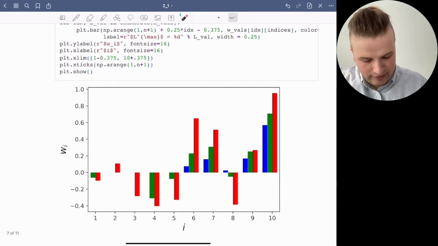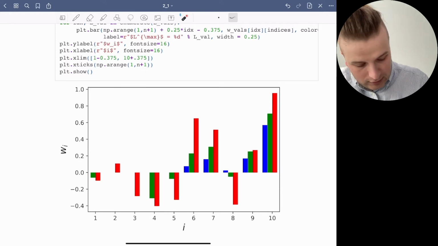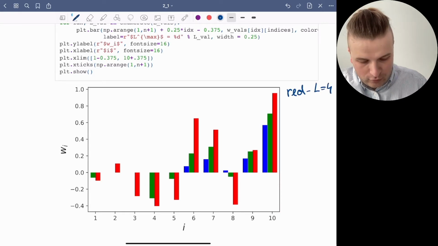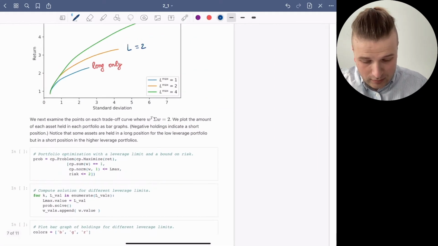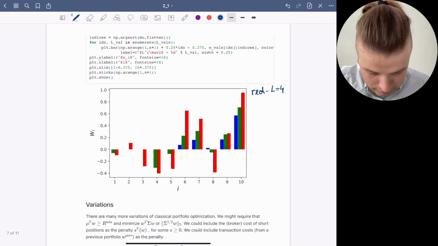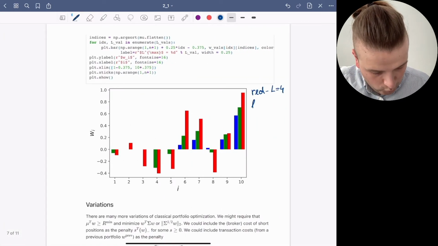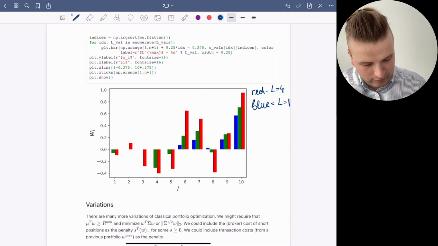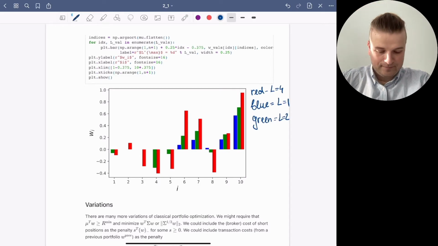But I think that the red means L equals 4. Let's verify it. BGR. Yeah, so the blue is for long only, and the green is for the middle case.